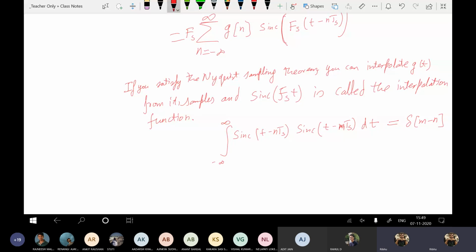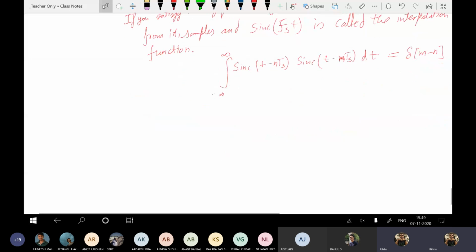Did you know this? No, sir. Okay, you can show this, but the important property here is at t equals nTs, sinc(t minus mTs) equals 0 for all m not equal to n.